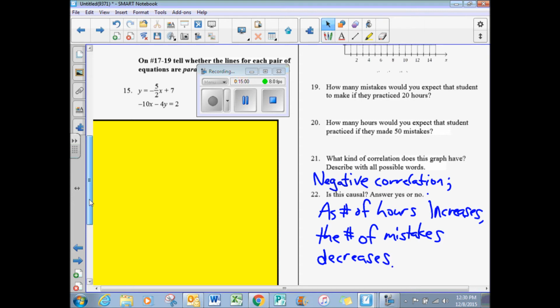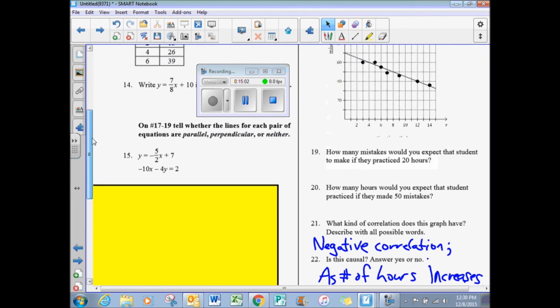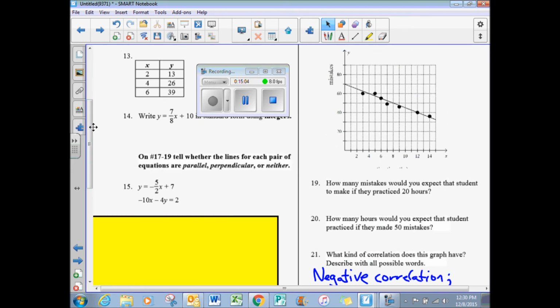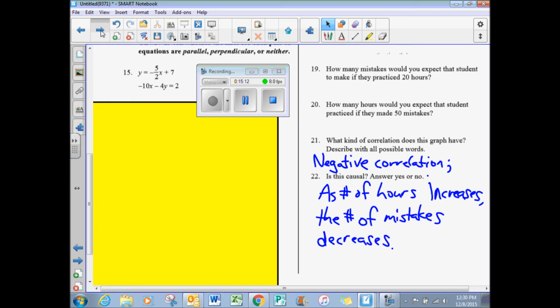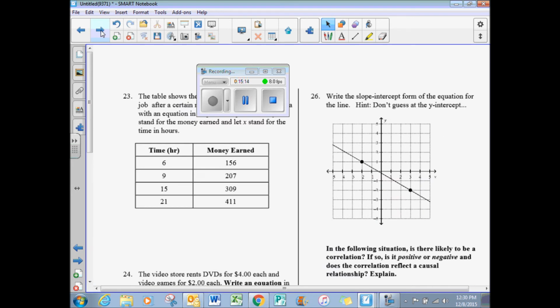Okay? Is it causal? Does it make sense that if you practice more, you make fewer mistakes? Totally. Just like in math, if I practice more, I expect to make fewer mistakes. True story.